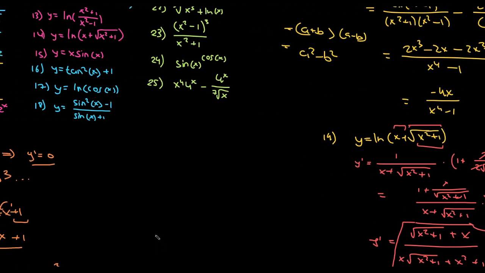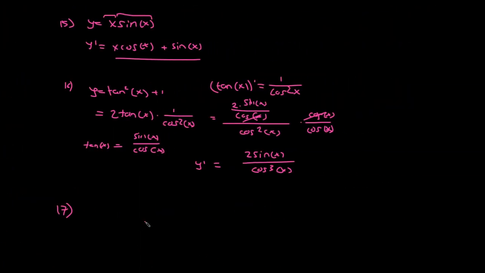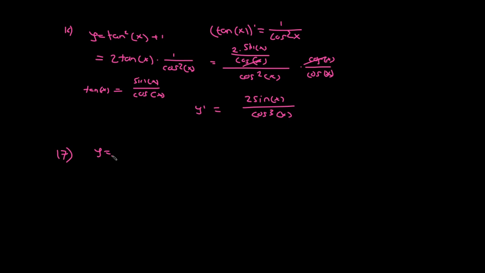So the 17th function to differentiate is the natural log of cosine. Oh, right, the natural log of cosine. Y equals the natural logarithm of cosine of x. Alright, so this is just plain using the chain rule. So first of all, just doing the natural log is 1 divided by the inside.